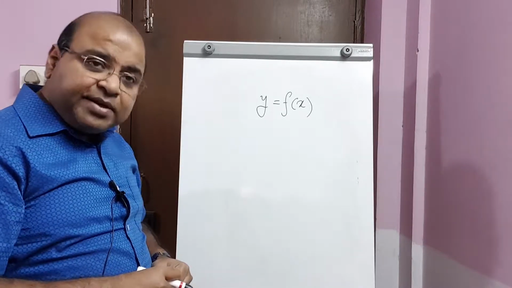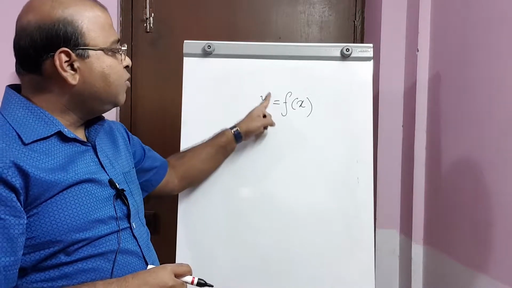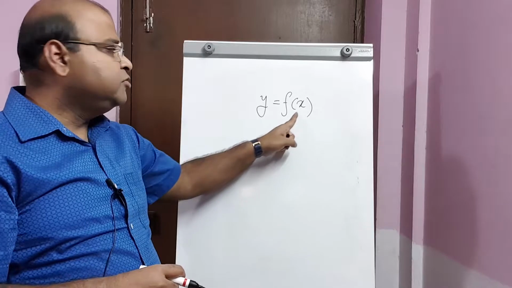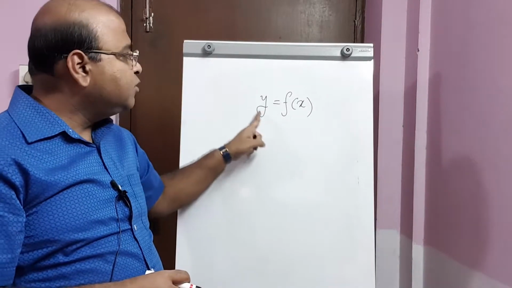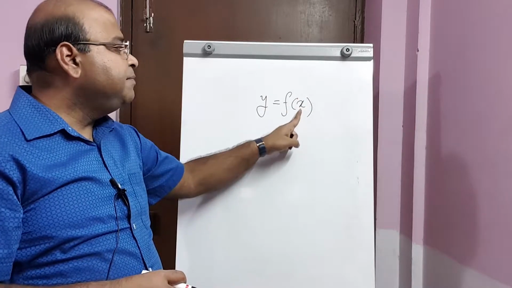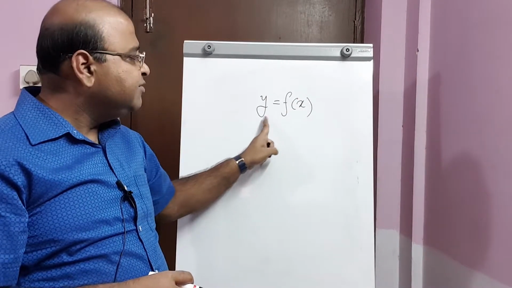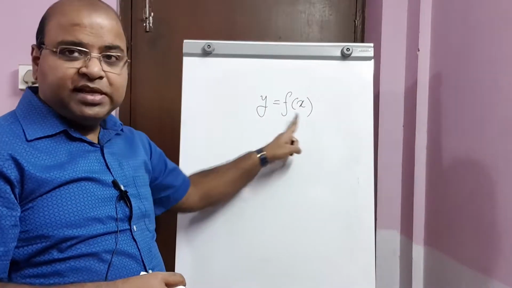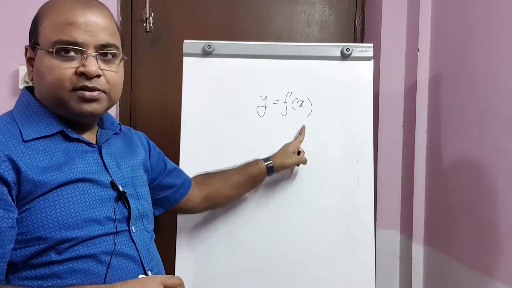So by derivative we mean the rate of change of y with respect to x, that is the rate of change of the dependent variable with respect to the independent variable. So basically derivative measures the rate of change between the two variables.